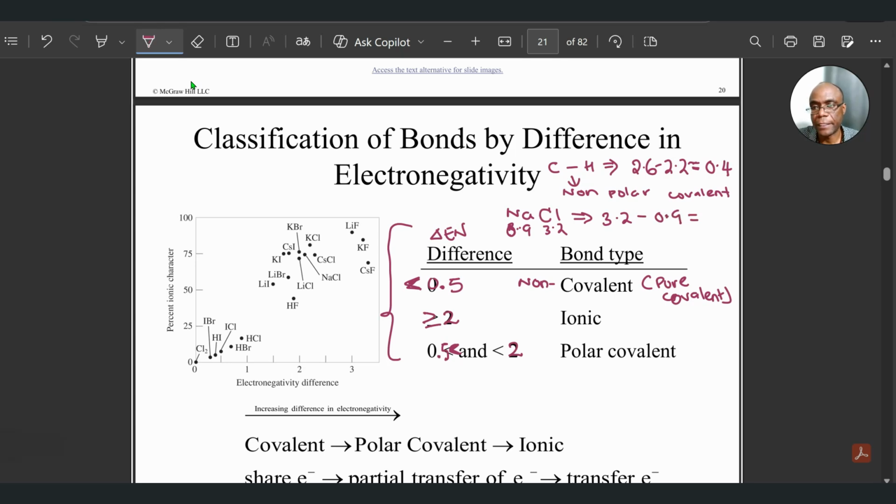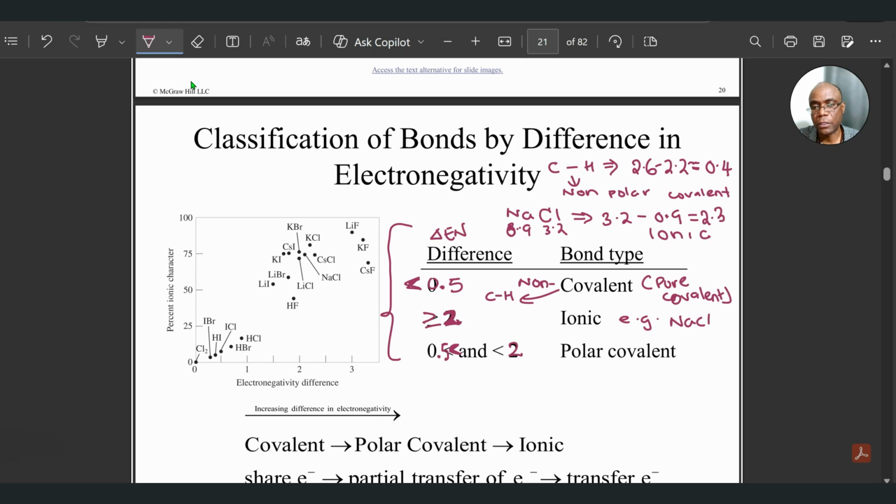You don't want to get a negative answer, and this gives you 2.3. 2.3 is greater than a difference in electronegativity of 2, so this one is going to be judged ionic. So our example here is sodium chloride. The example before was a CH bond.